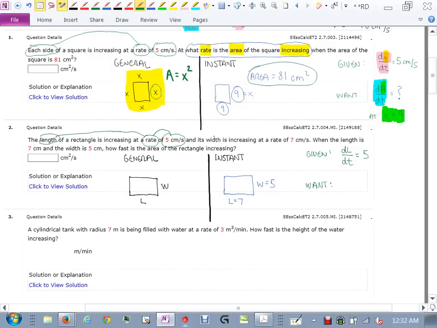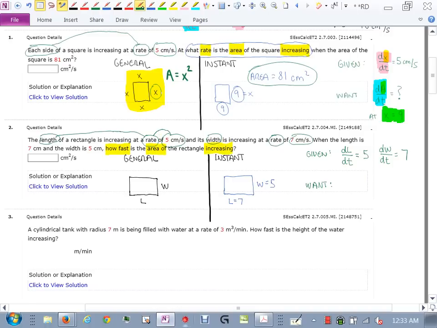And I'm also given that the width is increasing at a rate of 7 centimeters per second. So I know width is W here. So dW/dt is 7. That's what I'm given. And then I would like to know how fast the area of the rectangle is increasing.